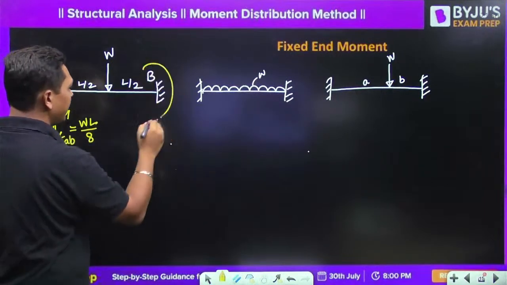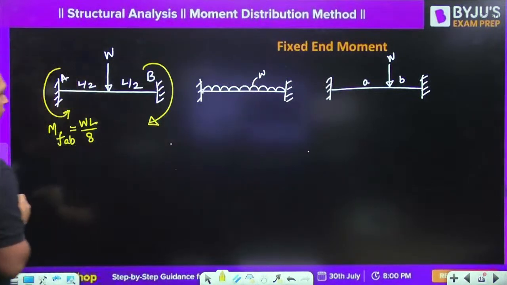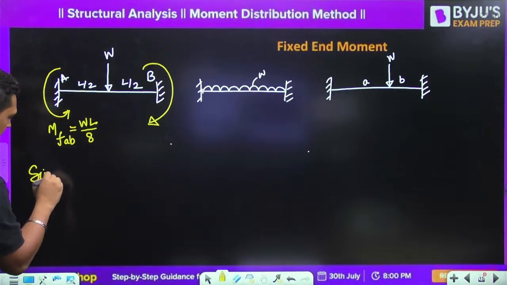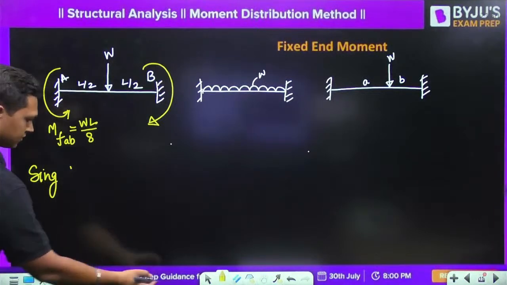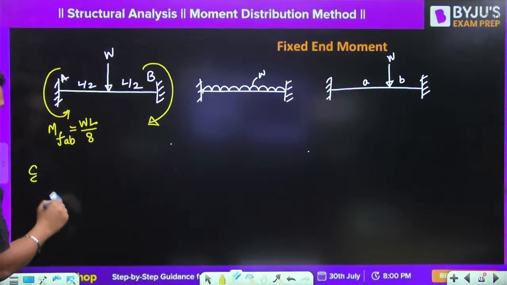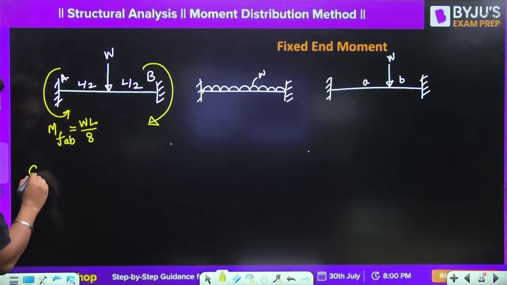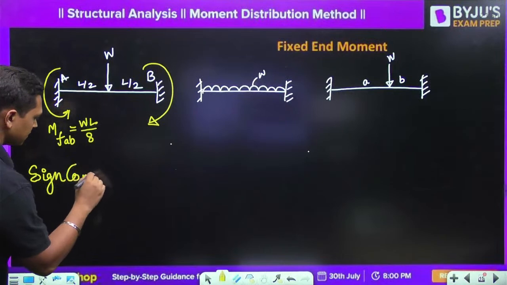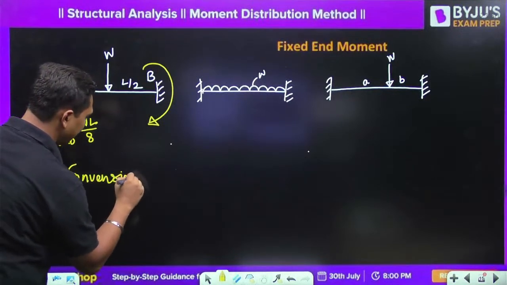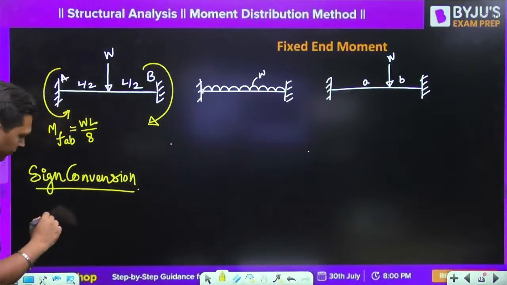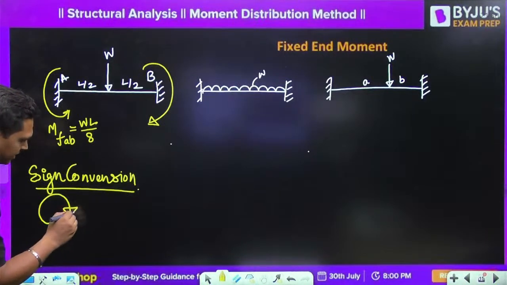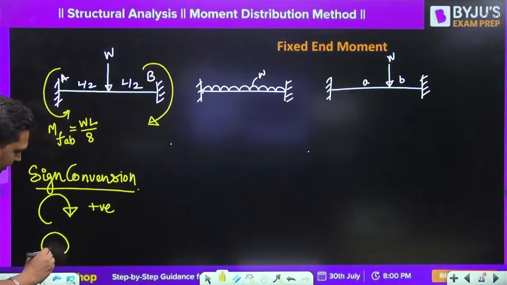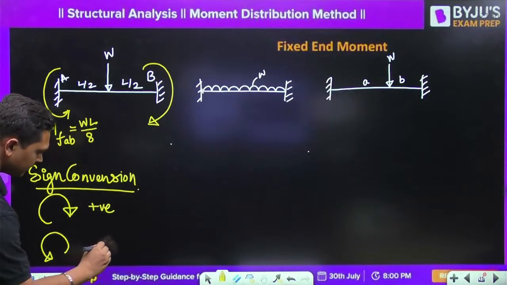And similarly over here, whenever we are calculating the fixed end moments, always take the sign convention. The sign convention for the fixed end moments is to take clockwise moments as positive and anti-clockwise moments as negative.